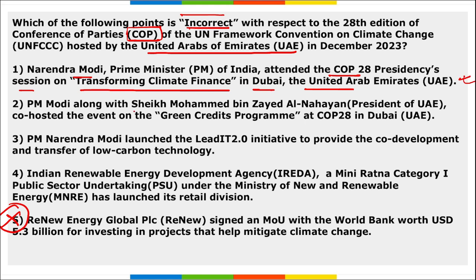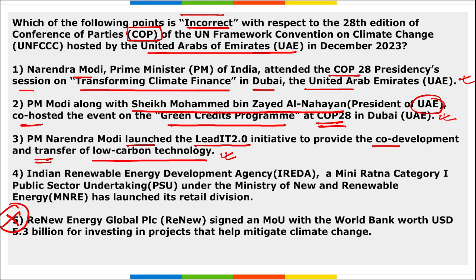B: PM Modi along with Sheikh Mohammed bin Zayed Al Nahyan, President of UAE, co-hosted the event on the Green Credits program at this COP28. Absolutely right. Third, PM Modi launched the LEAD IT 2.0 initiative to provide co-development and transfer of low carbon technology. Absolutely right. Then IREDA, a mini Ratna category 1 PSU under the Ministry of New and Renewable Energy, launched their retail division.